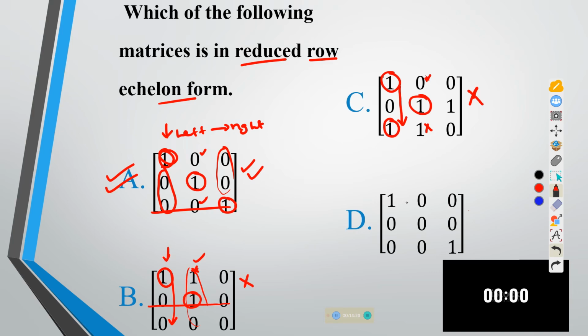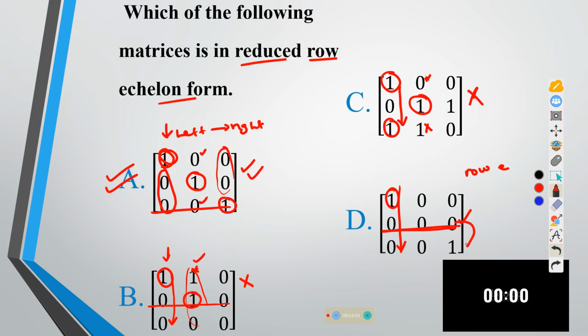When you look at this, a leading 1 is there, all other entries are zeros in this column, which is okay. When you come to this matrix here, you don't have a leading 1. And for it to qualify as row echelon, the row consisting of zeros must lie at the bottom, must be the last row.